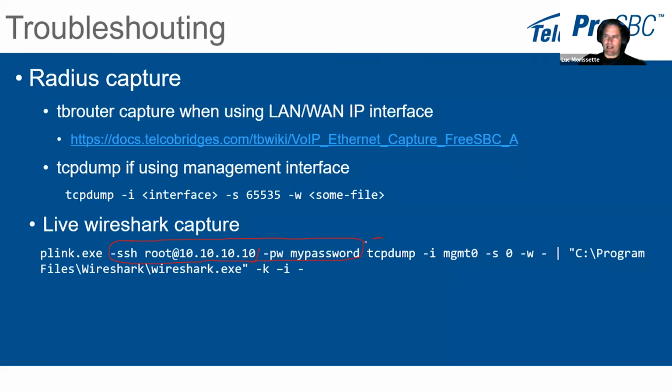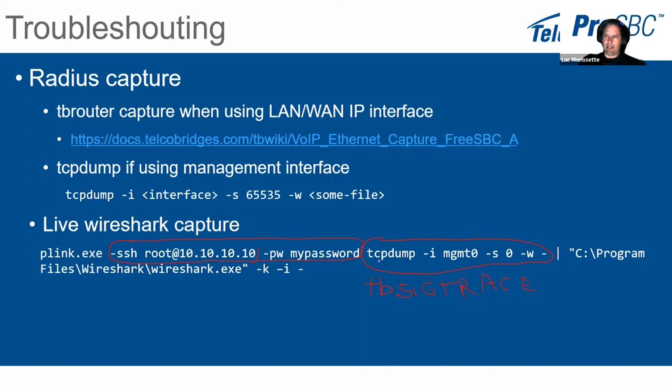Then it runs a specific command. In this case, it's a TCP dump command, but you can also use a TB-sig trace, and I will show you tomorrow how to use TB-sig trace. And this is management 0.